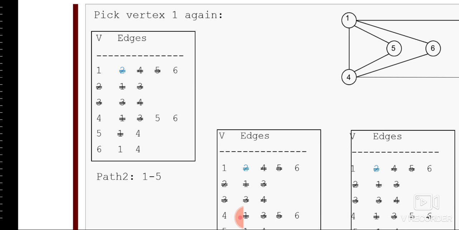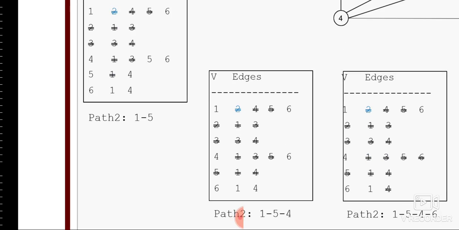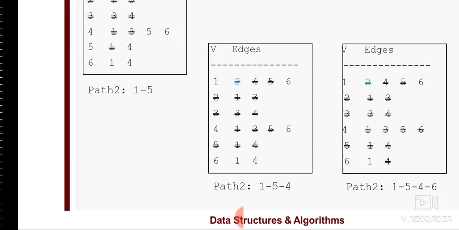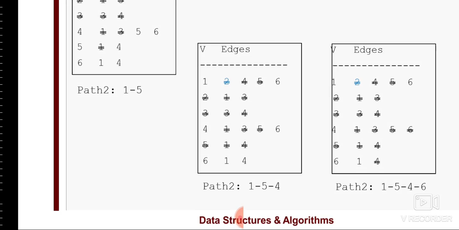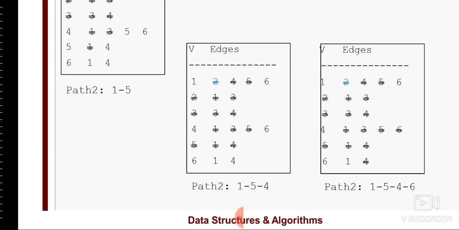So I am going with 5. 1 to 5, so go to the 5th row. From 5, two edges are there. One is already traversed. We have 4, so 5 to 4 is selected. Mark the path 4 to 5, similarly 5 to 4. So 1, 5, 4 is the path.